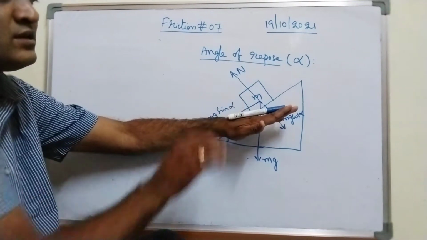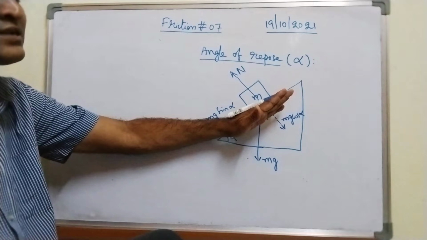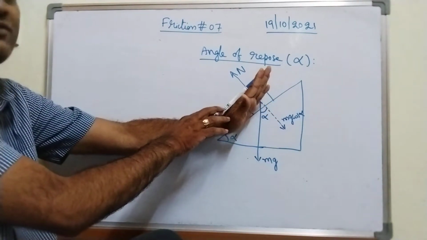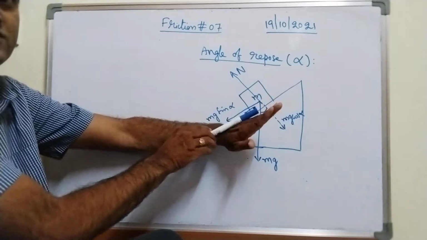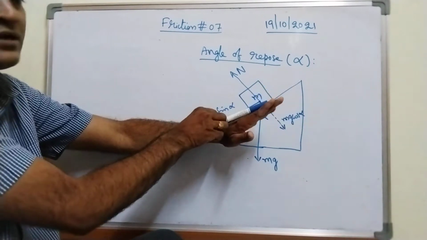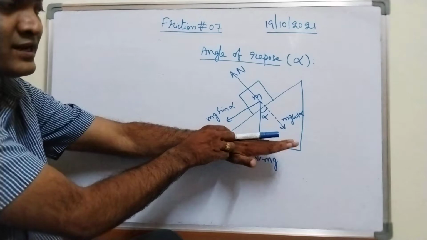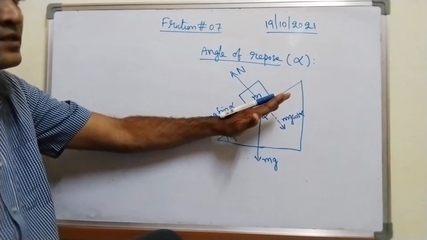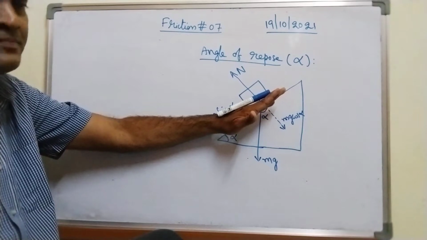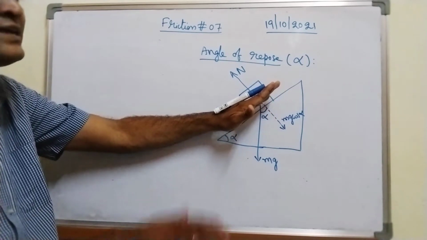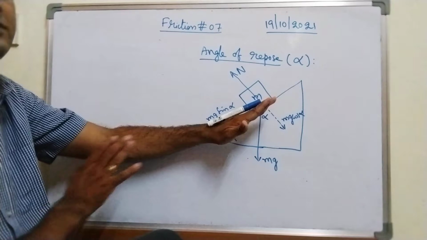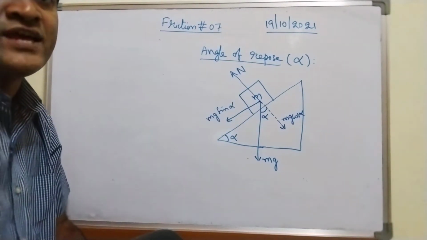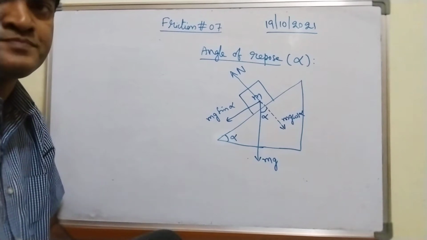At a certain angle the marker slides and it will fall down, definitely. But I will raise the angle in such a way that the marker on my palm is about to slide down. That maximum angle of inclination is called the angle of repose.